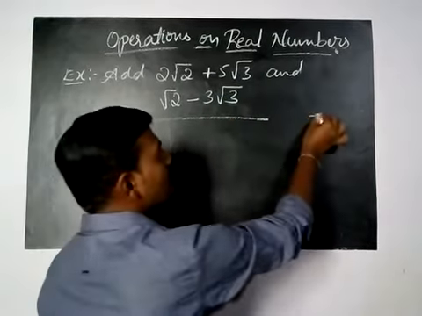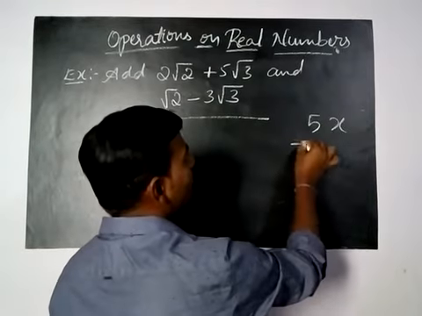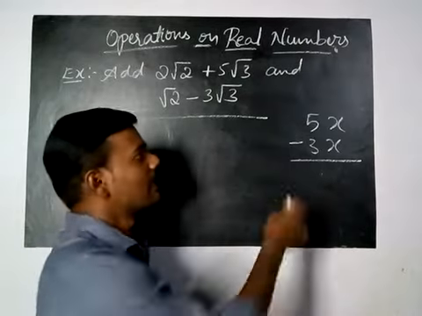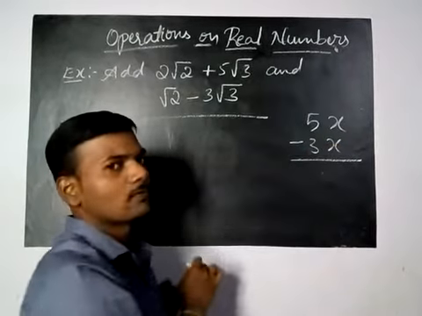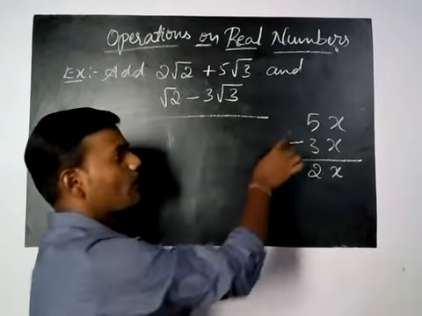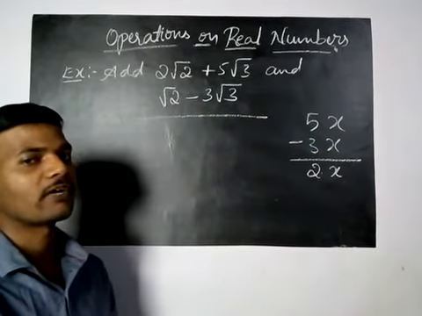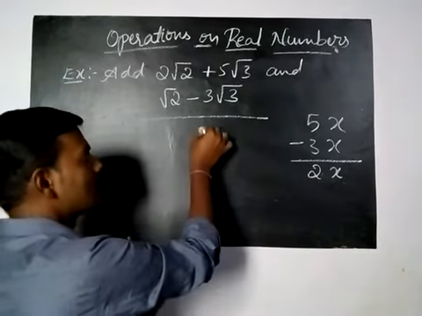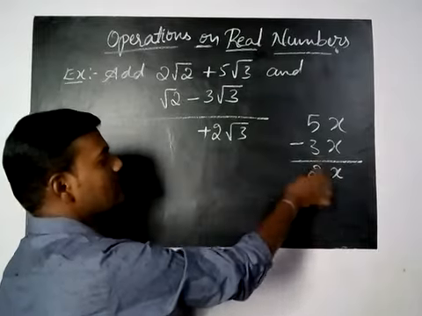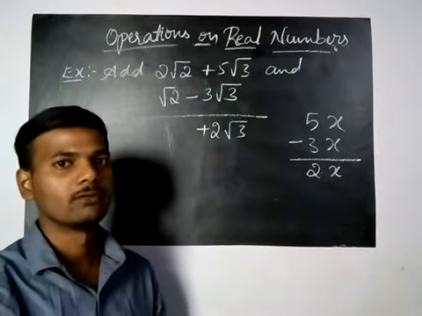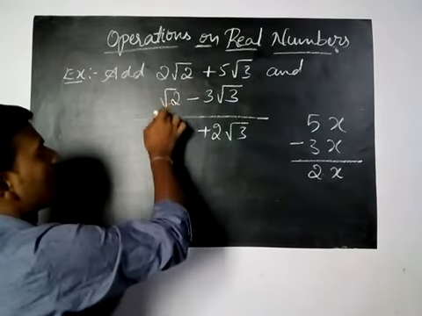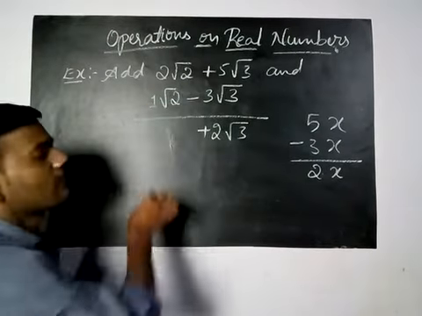Plus 5 root 3 minus 3 root 3. That means 5x minus 3x, where x is in the place of root 3. 5x minus 3x is 2x because 5 is the bigger number with the positive sign, so it is 2 root 3 in the place of 2x. Next, 2 root 2, and if there is nothing written here, it is 1.